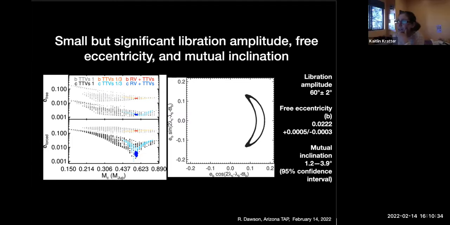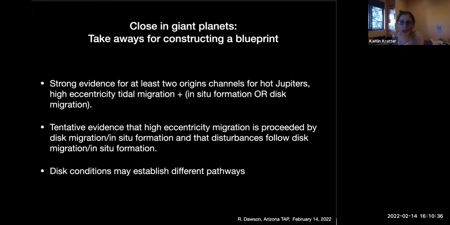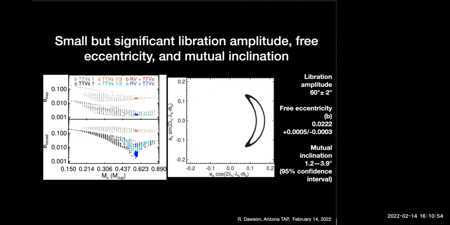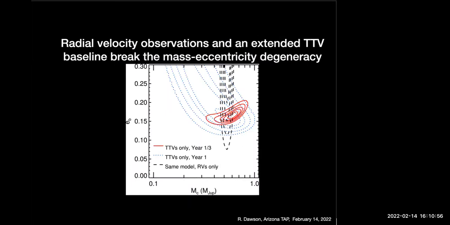I think Renu has a question as well. Yeah, Becky, I'd like to poke a little more at the system you were just talking about. I see that the masses of these two planets you homed in on are actually very similar. They're almost equal. If you go back to the slide you were just showing us.